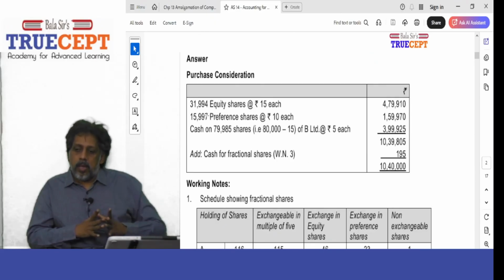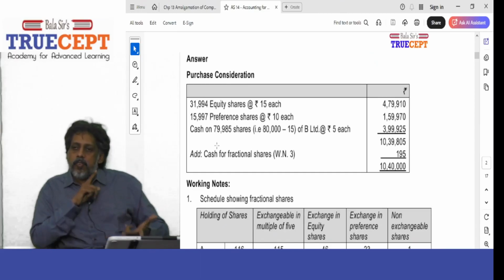Purchase consideration: 31,994 equity shares at rupees 15 agreed value each is 4,79,910. And then 15,997 preference shares into rupees 10 per share is 1,59,970.